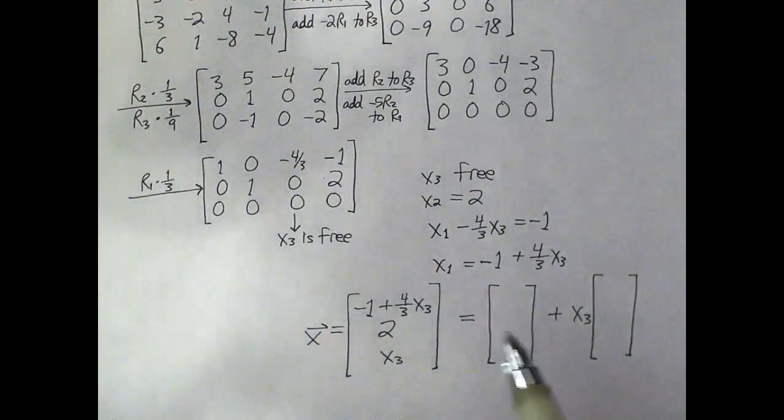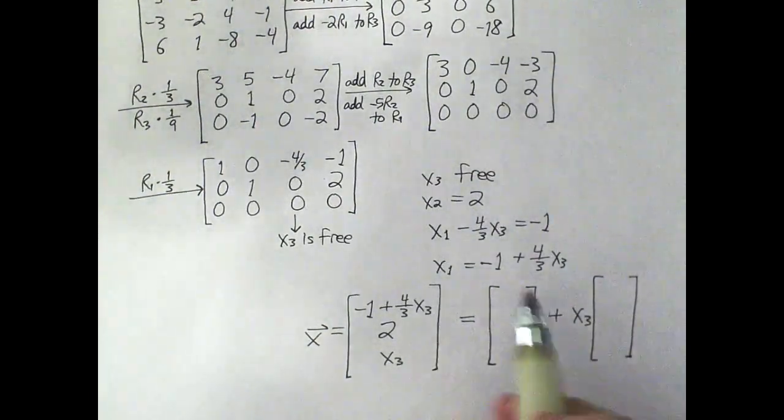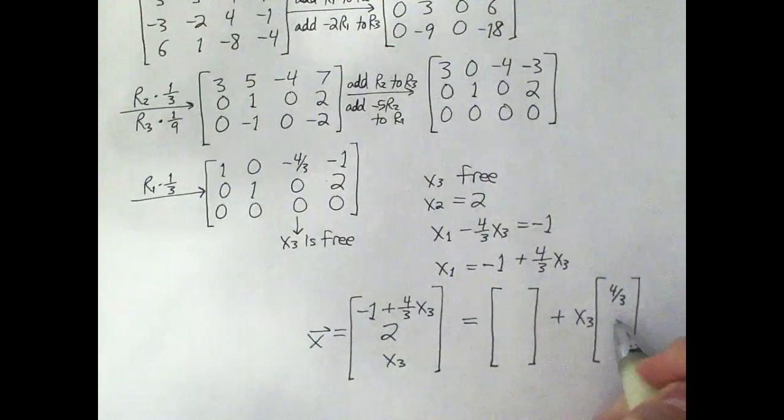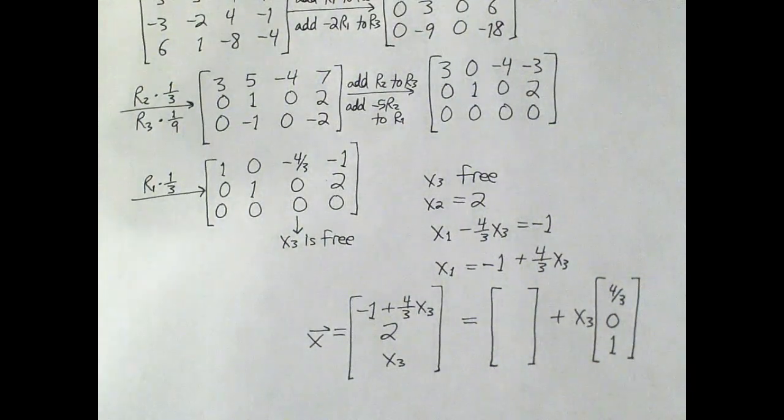We could take everything that's attached to x3 and put it in the second one. So there's a 4/3, so 4/3 over here. How many copies of x3 are in the second entry? I guess 0 of them. And how many copies of x3 are in the final entry? I guess 1. So that's part of the answer.